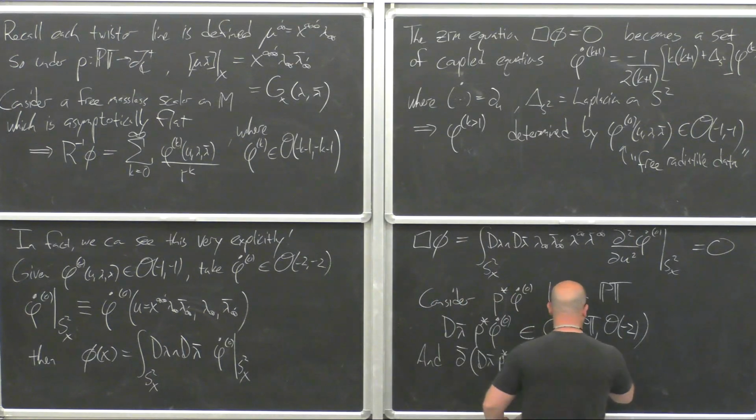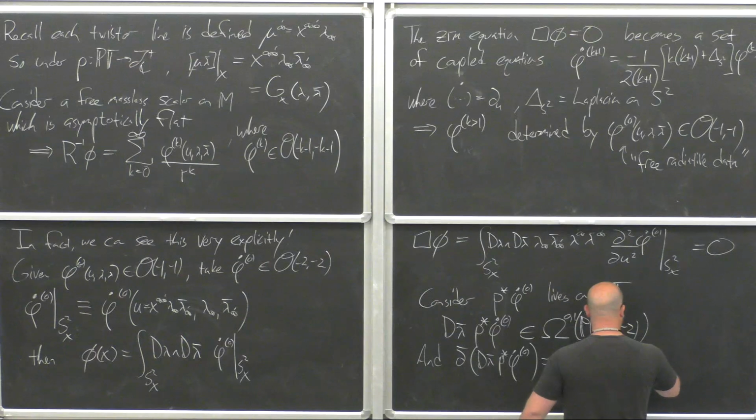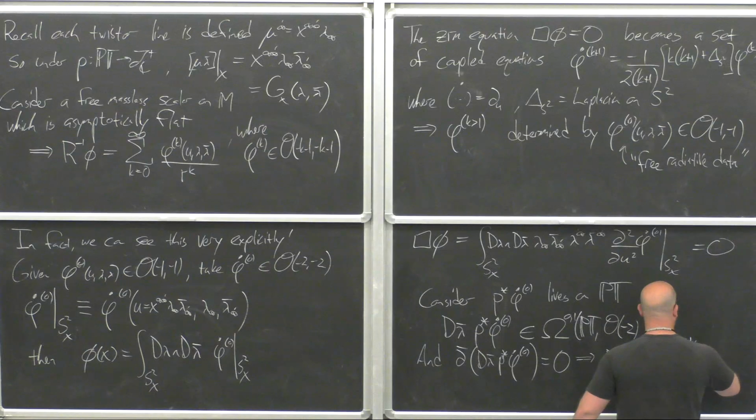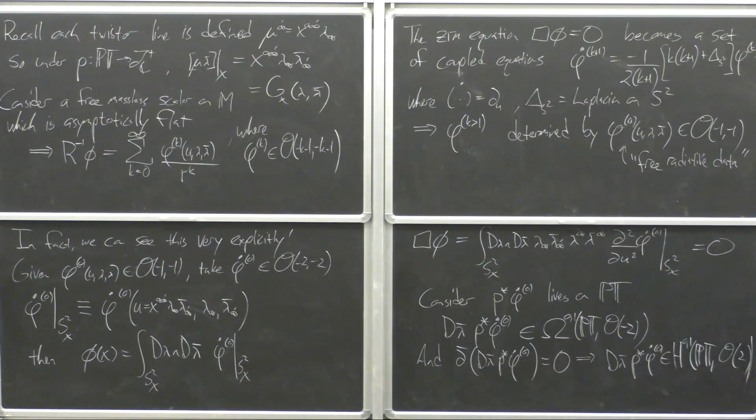So that means that this object, d lambda bar times the pullback of the once differentiated radiative data, is actually an element of H^{0,1}(PT, O(-2)). And that's the cohomology group that is isomorphic to free solutions of the massless scalar wave equation on Minkowski space that we wrote down for the Penrose transform yesterday.